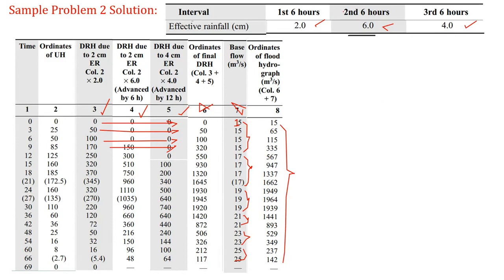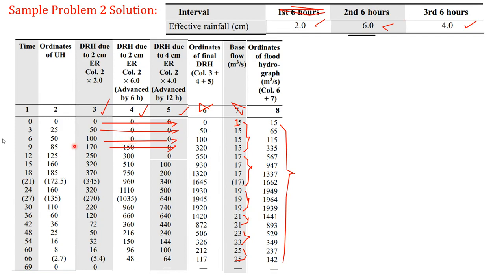So again, what we did is first we considered effective rainfall for the first 6 hours. So for the first 6 hours, lahat ng yan, minultiply natin ng 2. For the second 6 hours, hindi natin consider yung first 6 hours, so that's 0.